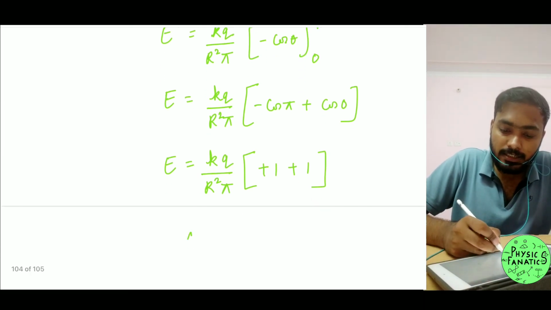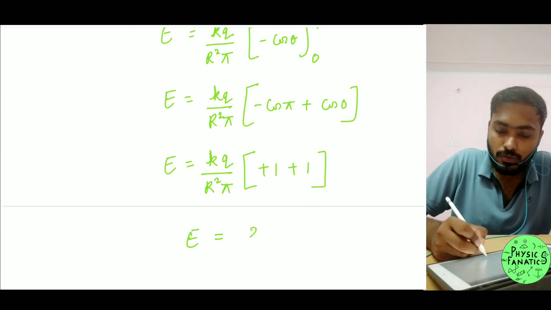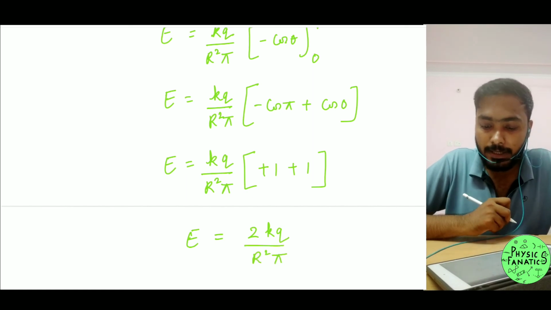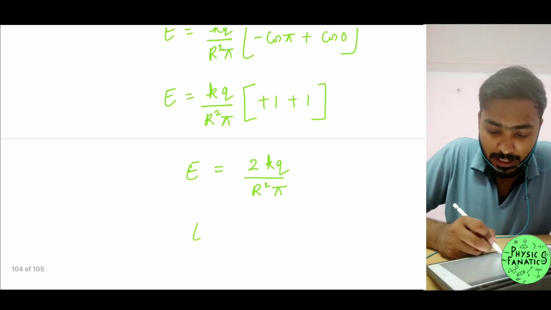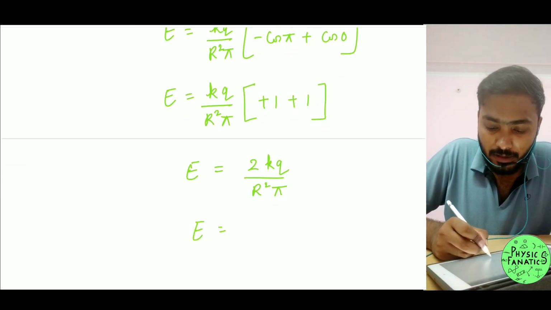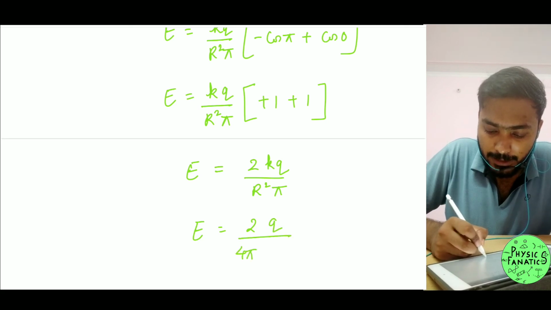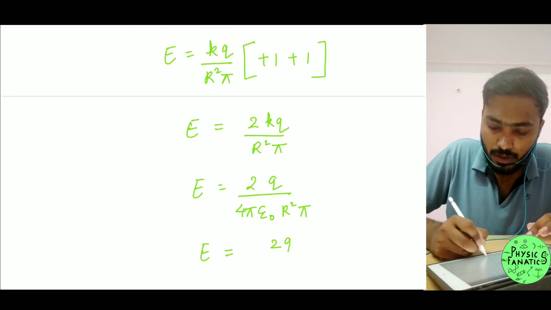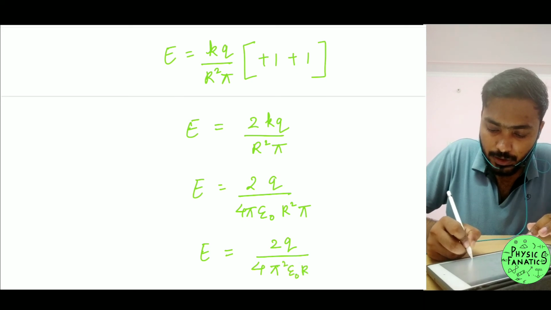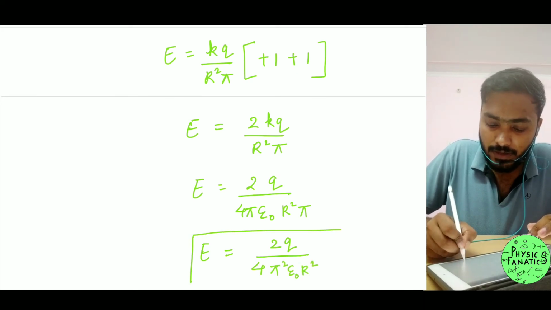So you will get electric field equal to 2 k q upon r square pi. I hope that is understandable. Put the value of k, which is 1 upon 4 pi epsilon naught. So this is 2q upon 4 pi epsilon naught r square pi, or nicely we will write E equals 2q upon 4 pi square epsilon naught r square. So this is the value of electric field.